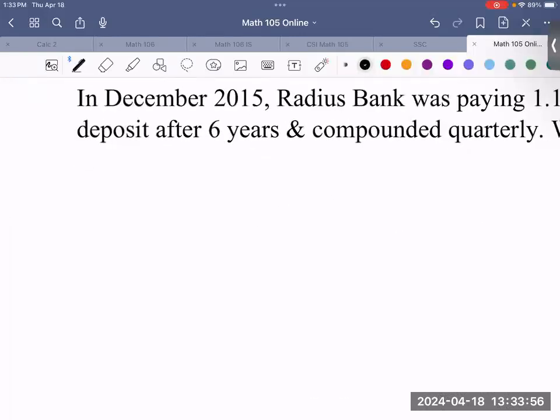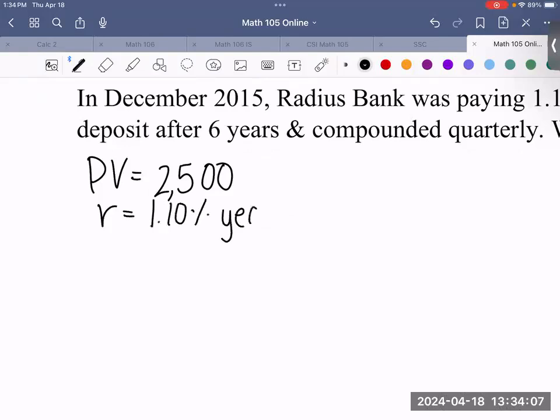So let's figure out what is given. Present value, we said, was 2,500. Your rate is 1.10%, and this is yearly or per year. Moving that decimal place over, we're at 0.011.